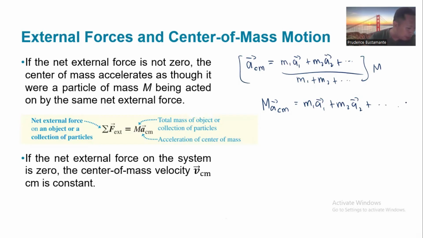Now, this first term is equal to the vector sum of all the forces on the first particle, and so on for the right side. So this equation is equal to the vector sum of all the forces on all the particles. Just as we did in 8.2, we can classify each force as external or internal.